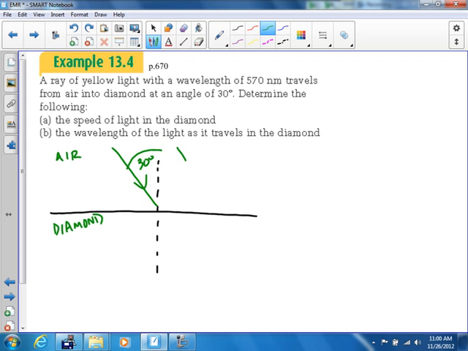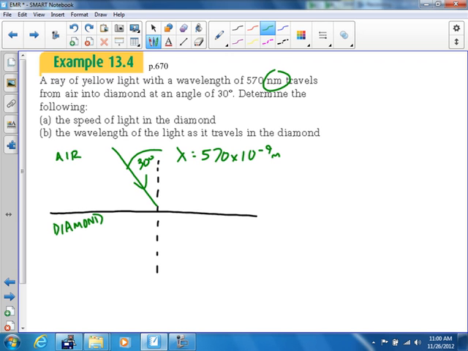The wavelength of light up here in the air is 570 nanometers, which is 570 times 10 to the minus 9 meters. Probably should have highlighted that or circled it to remind us that we need to be in meters. Actually, in these questions, you can get away without converting. So if you did forget to convert there, you'd get away with it. But let's get back in the habit of using meters always.